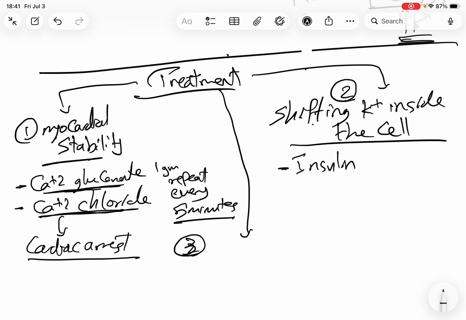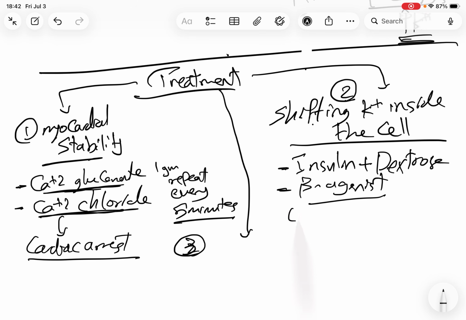But if I give insulin alone, it will cause hypoglycemia, will lower the glucose, so we should give dextrose with it. Also, you can use beta agonists because the beta agonist will stimulate sodium potassium ATPase and bring the potassium inside the cell. The easiest way, and also a safe way to give beta agonist, is albuterol inhaler.